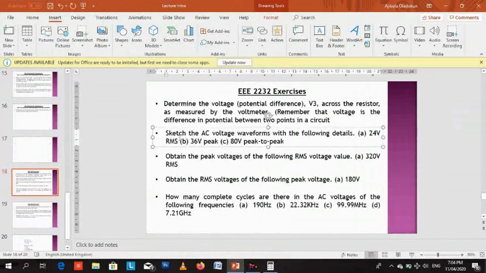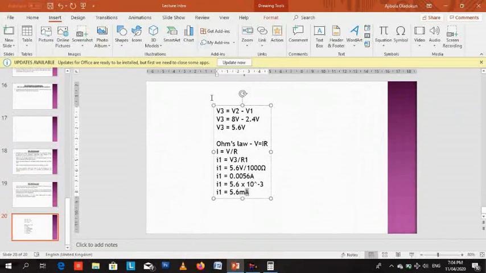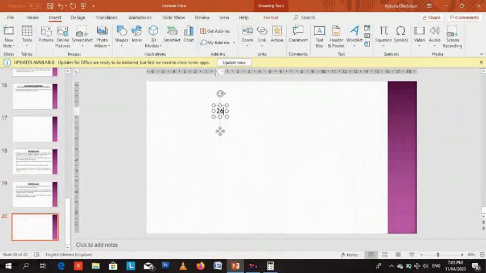We'll be examining how to sketch the AC waveforms with the following details: 24 volts RMS, 36 volts peak, and the likes. Now we want to sketch the AC waveform that has a 24 volt RMS value.